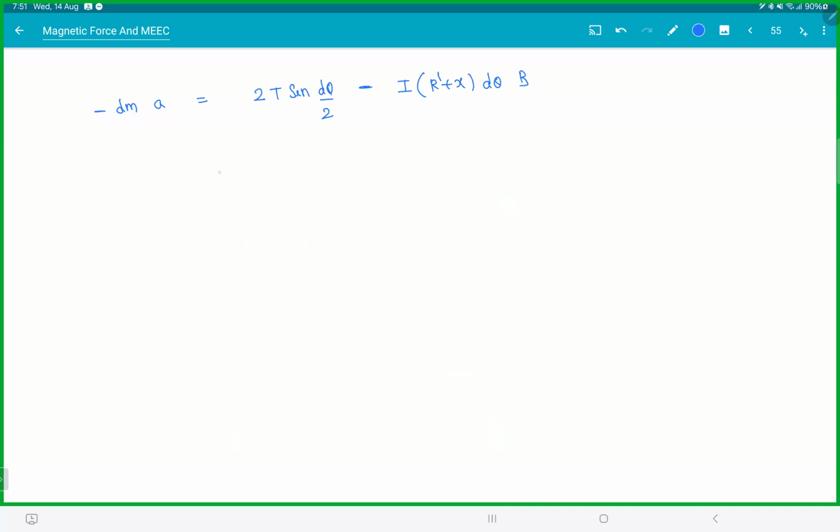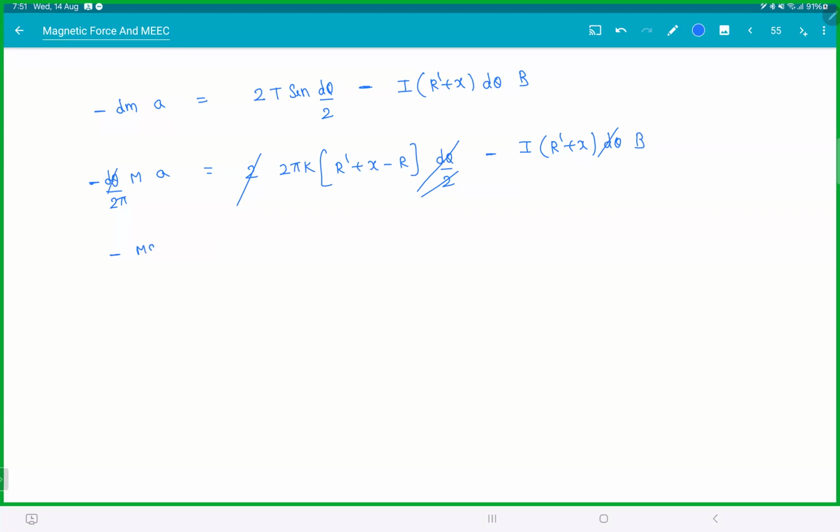And substitute. So this guy would be theta by 2 pi capital M into a. 2 tension would be 2 pi k (r dash plus x minus r). For small angle, sine theta is d theta by 2, minus I into (r dash plus x) d theta into b. 2 will cancel. D theta will cancel everywhere.